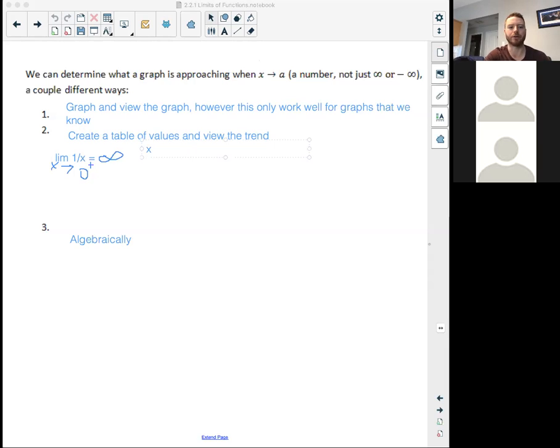So we're going to want to test values that are close to 0 and are progressively getting closer and closer to 0 without touching it. So for x, we're going to do 1, 0.1, 0.001, and 0.0001.